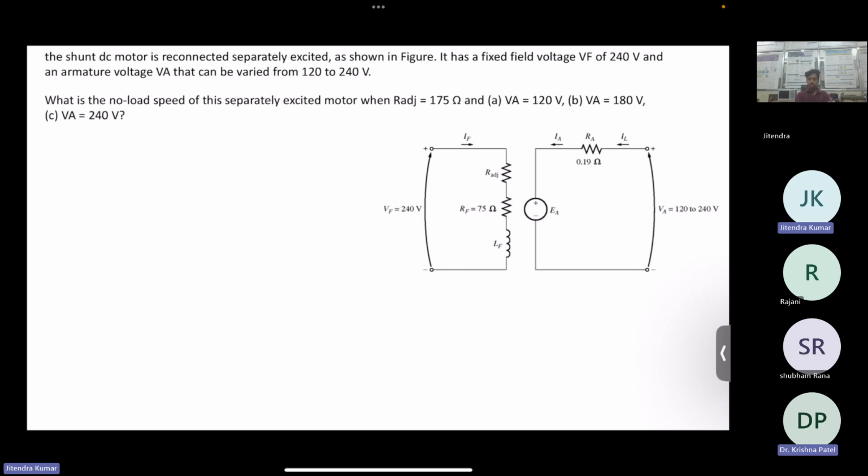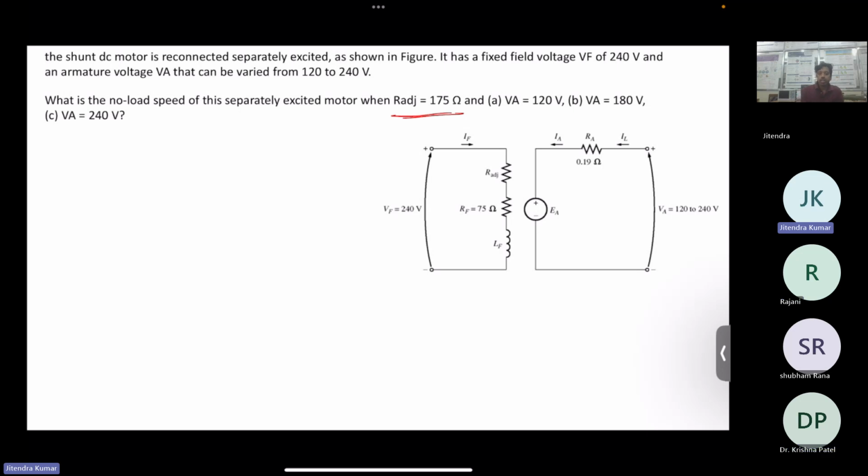Separately excited. Exactly. Field voltage is given, right? Armature voltage is written that it can vary from 120 to 240 volts. Now we have to calculate the no load speed of this separately excited motor when R adjusted is equal to 175 ohm.